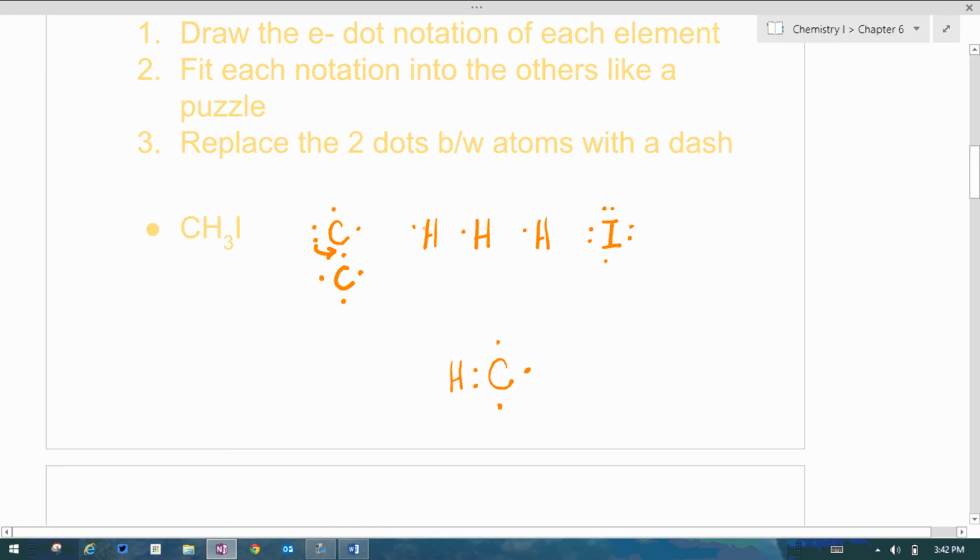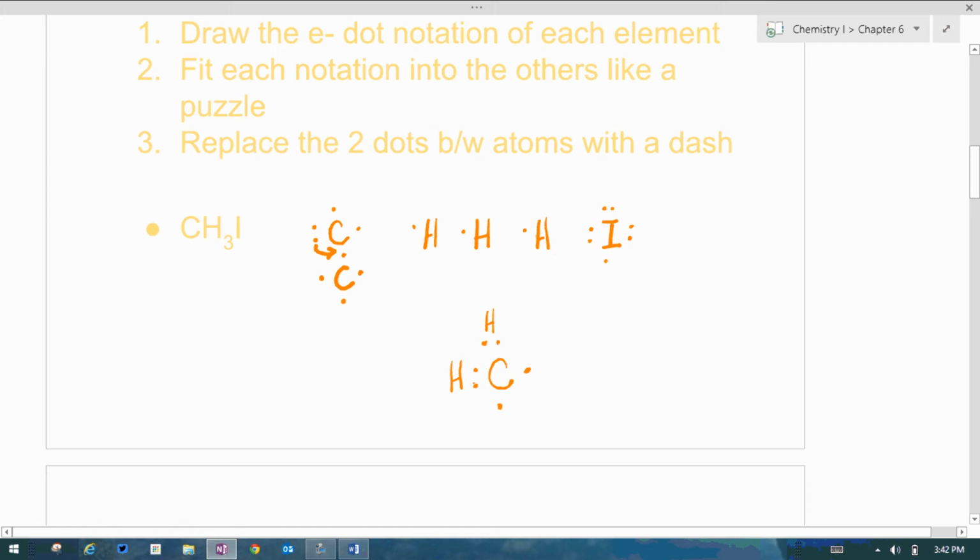Okay, so I take the one little dot from the hydrogen, and I fit it in to that one single dot on the left-hand side of carbon. And so now hydrogen has 2 little dots, and we know that hydrogen is completely happy with 2 valence electrons. I'm going to take the second hydrogen, and I'm just going to put him in on the top here.